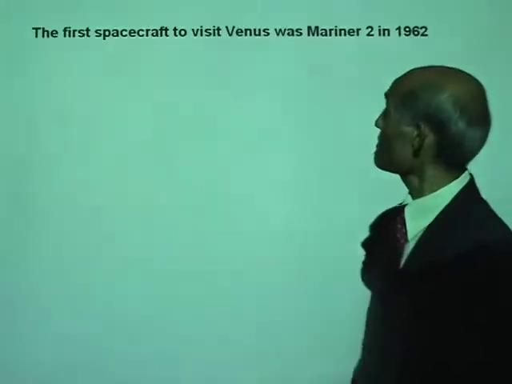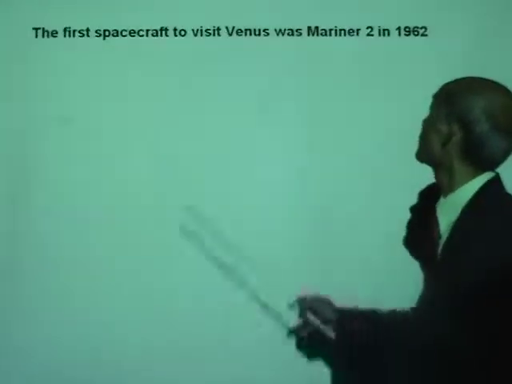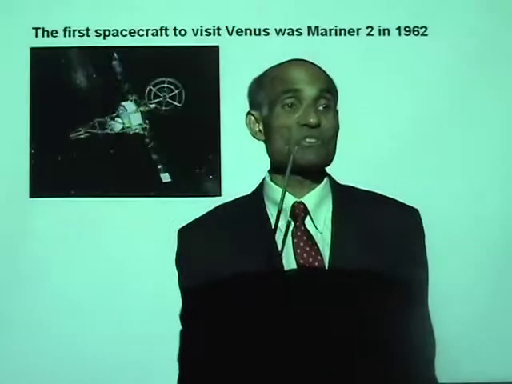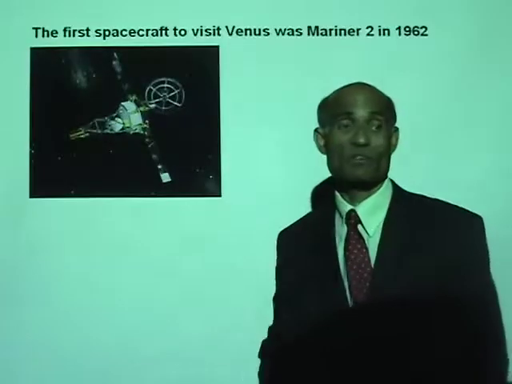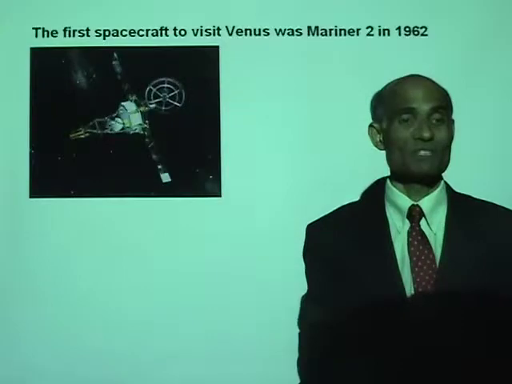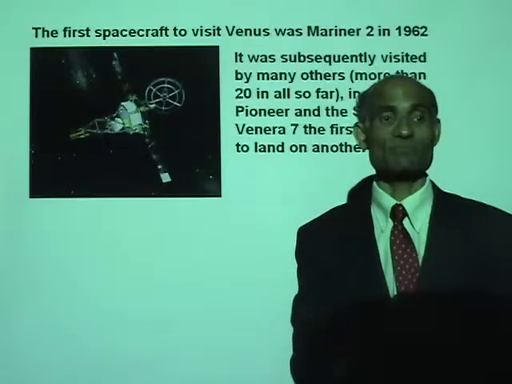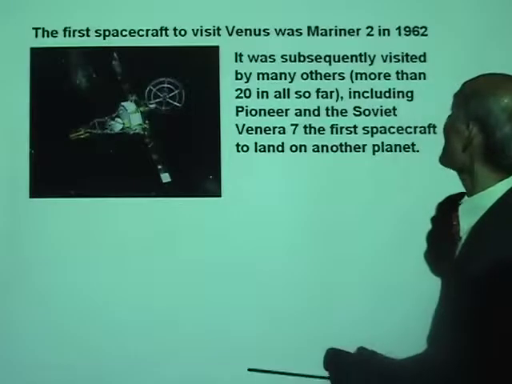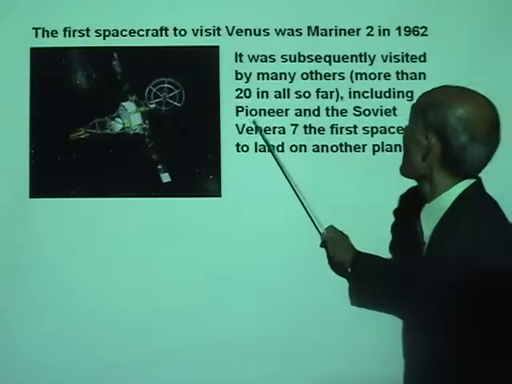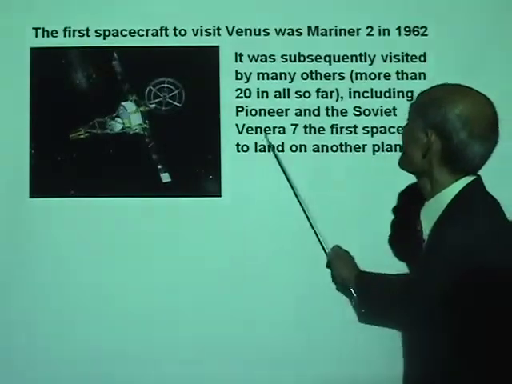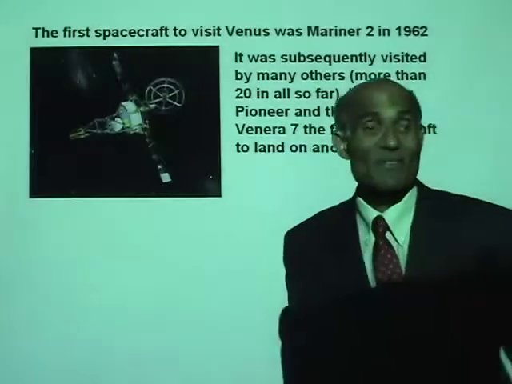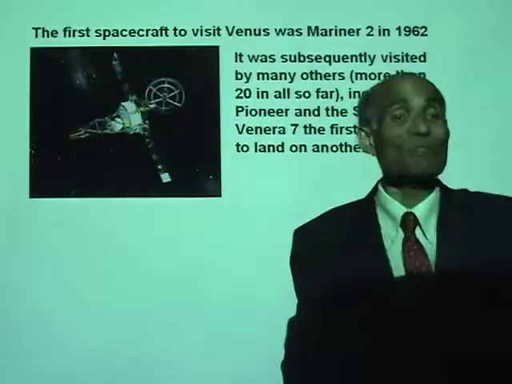Now, the first spacecraft to visit Venus was Mariner 2 in 1962. Now, there I have a picture of Mariner 2 visiting Venus. It was subsequently visited by many others, including Pioneer and the Soviet Venera 7, the first spacecraft that actually landed on Venus.